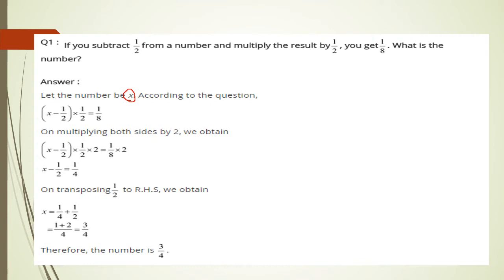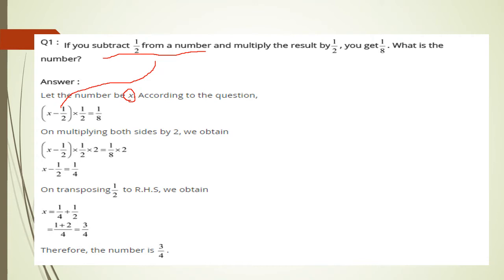So we can write this part of the statement as x minus 1 by 2, and multiply the result by half. That means we want to multiply the result by half. The multiplication sign is into, so let us take here into half.